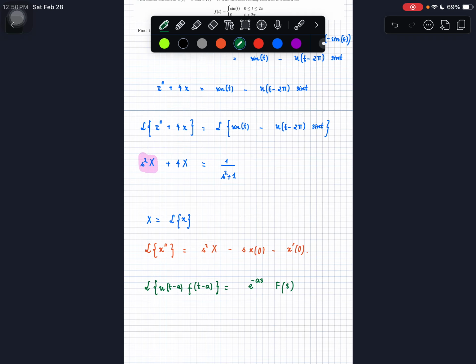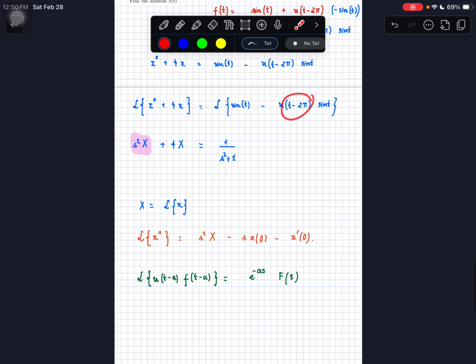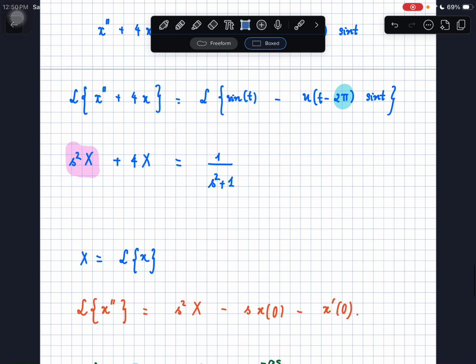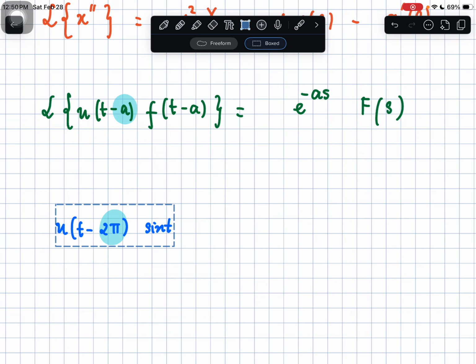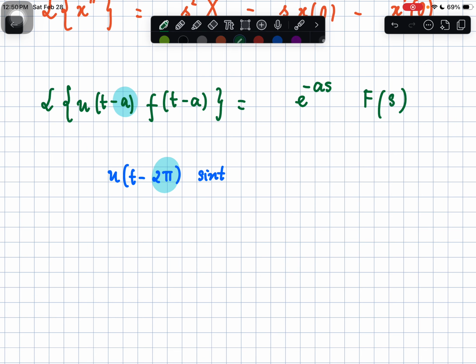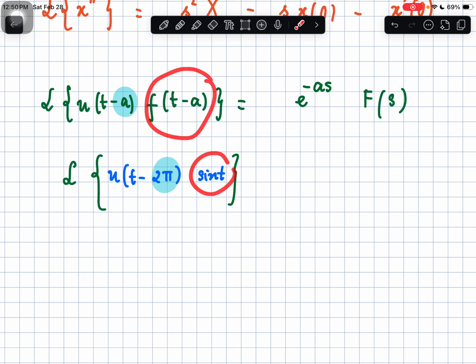So in this case, you see here t minus 2π, a equal to 2π. So we try to get the form t minus a for the sin(t). We want to compute the Laplace transform of this function. We know that a is 2π. Now we want to write f(t minus a), or sin(t minus a) here.